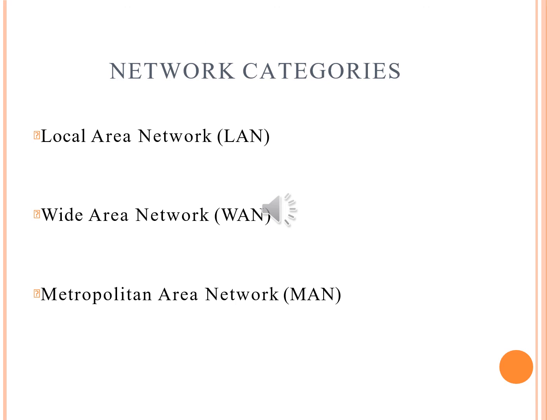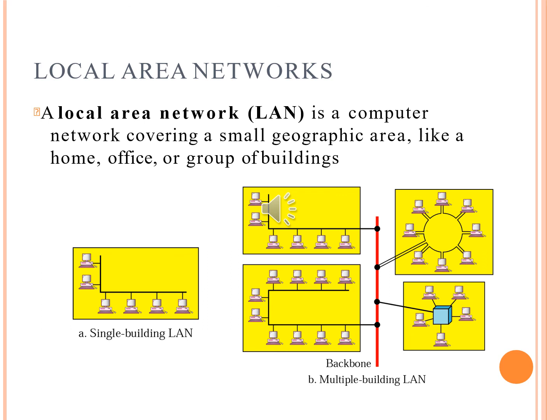Let us talk about the different categories or different types of network. We have local area network, wide area network, and metropolitan area network. Local area network, or LAN, is very common to all of us. If we are talking about the LAN, it means we have something available on a specified area, on some office area, on some campus area, and we are going to share the resources on those particular campuses.